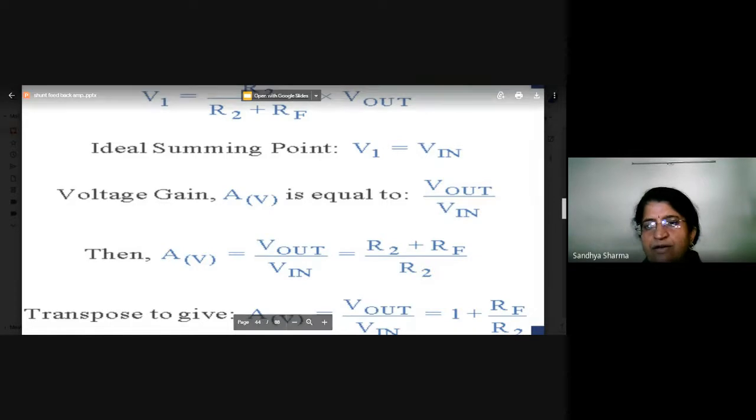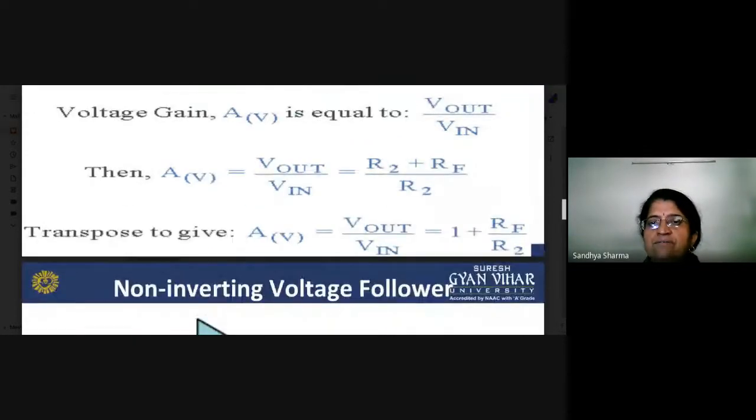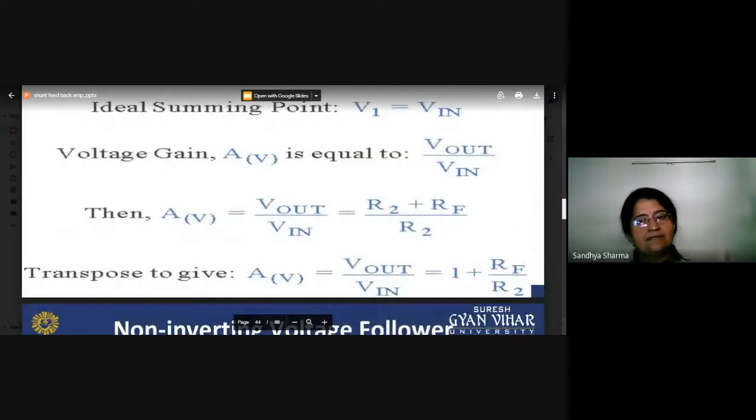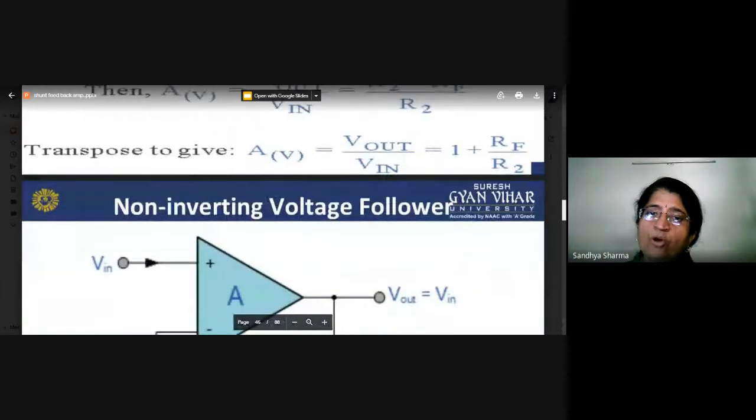Putting it in, you get V out upon VIN equal to 1 plus RF by R2, where RF is the feedback resistance. This is the voltage gain formula of our non-inverting amplifier. Now we will again focus on the non-inverting voltage follower circuits.